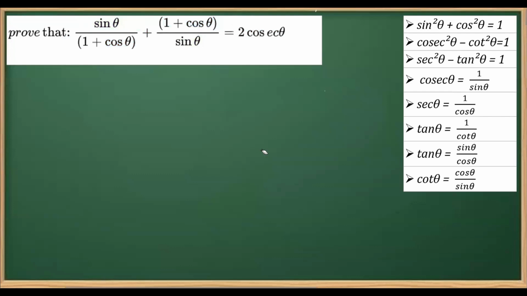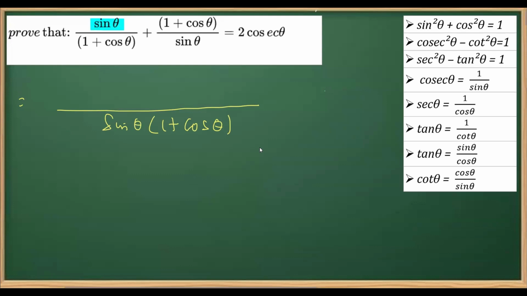In such a case, we take the LCM, but keeping in mind we will not multiply or expand the denominator. So the product of the denominators, that is the LCM here, is sine into 1 plus cosθ, which is the same as sinθ into 1 plus cosθ.